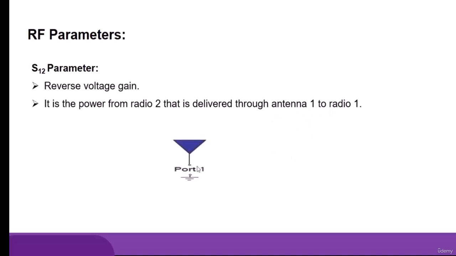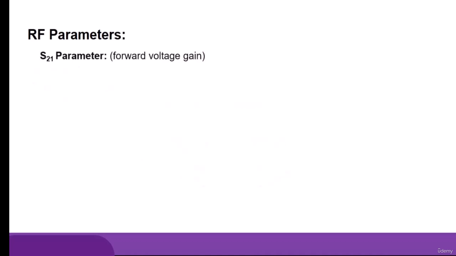This is antenna 1 with port 1 and antenna 2 with port 2. Now the power from radio 2, which is delivered to antenna 1, is the S12 parameter. So the S21 parameter is the forward voltage gain, and the last one, S12, is the reverse voltage gain.